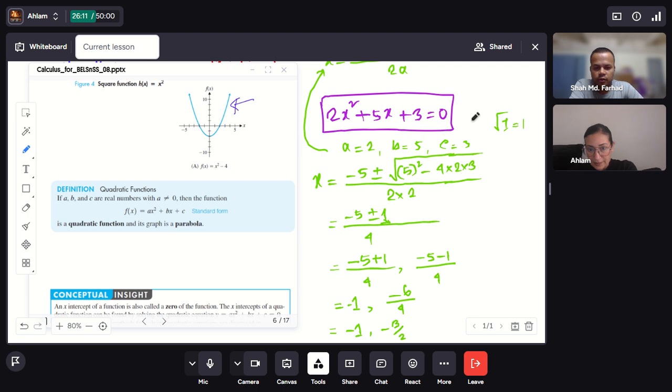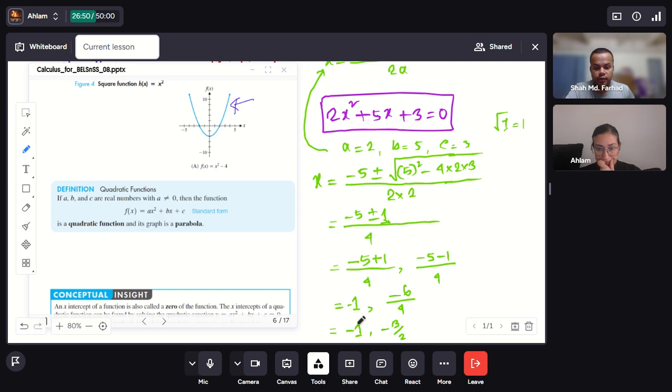So we just learned here how to solve a quadratic equation.